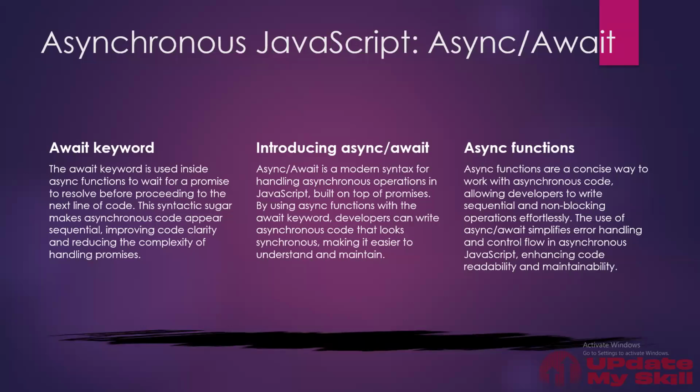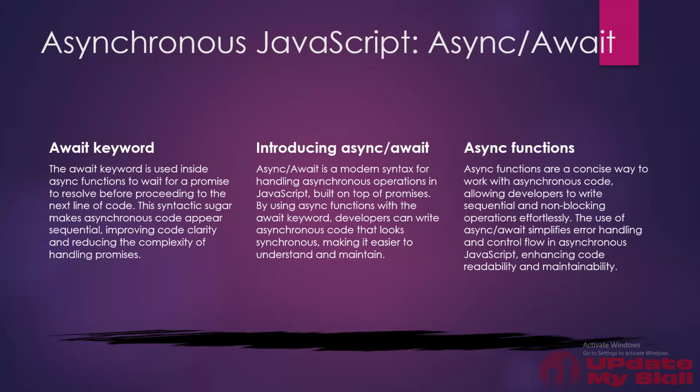So async and await is a modern syntax for handling asynchronous operations in JavaScript, built on top of promises. By using an async function with the await keyword, developers can write asynchronous code that looks synchronous, making it easier to understand and maintain.